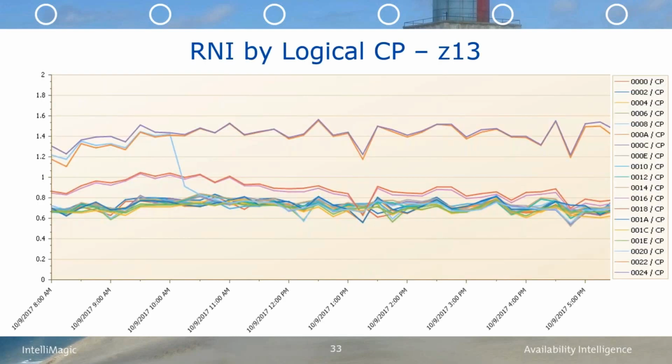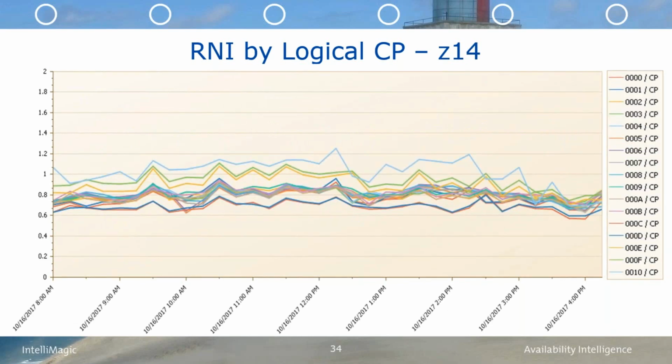This is the RNI biological CP for a large LPAR when it was running on a Z13. Note the very significant RNI penalty for the vertical mediums along the top of the chart compared to the vertical highs. This was a frequent occurrence for dominant LPARs on Z13s, where the LPAR topology commonly located vertical mediums in a separate drawer from the large number of vertical highs.